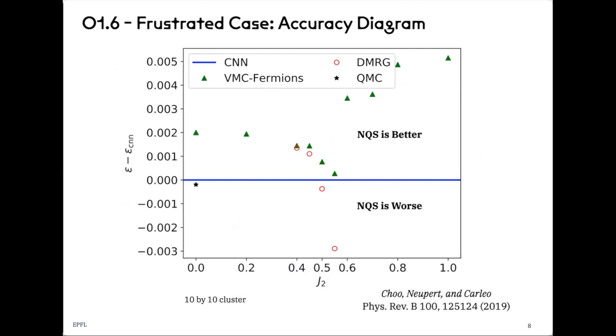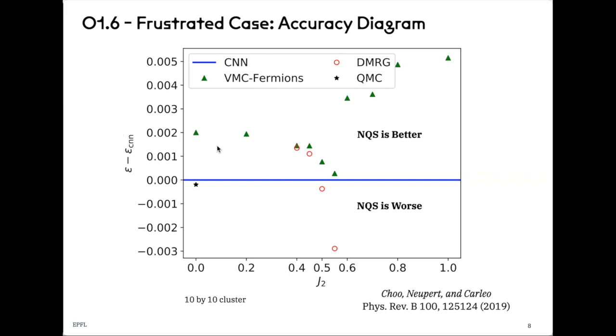Now, when we increase the frustration, so when we call frustration the fact that we introduce this J2 coupling value, in 2019, using this CombNet, our first attempts with CombNets, we managed to improve most of the existing variational results. You can see here the energy differences between our CNN and some other existing methods.